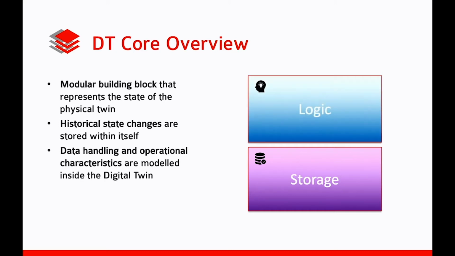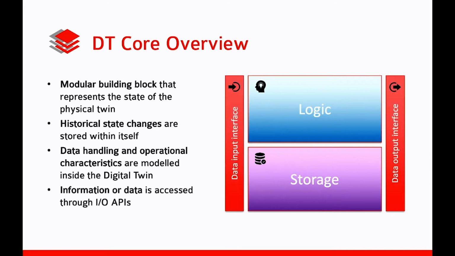Then we have a logic part, so we can process the data within the digital twin and make it more valuable. And finally, we have some APIs for bringing in the data and taking the data out.